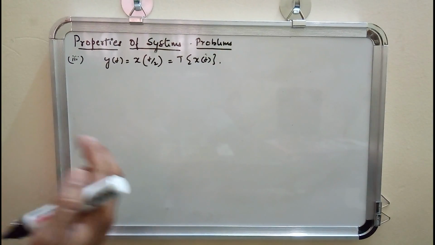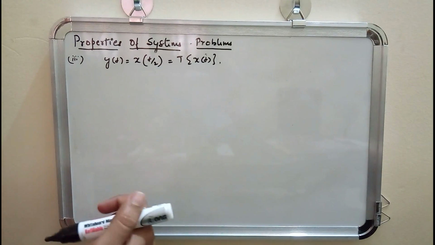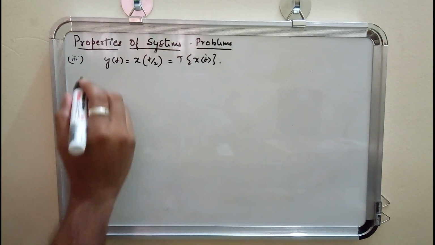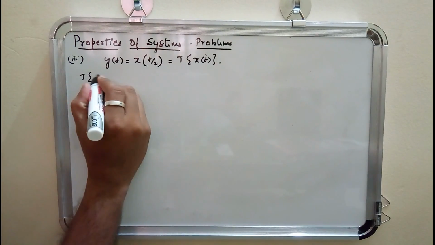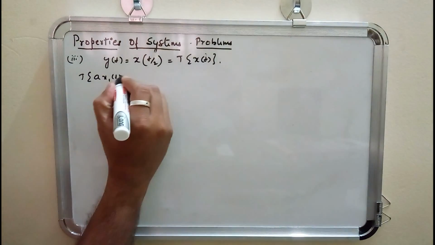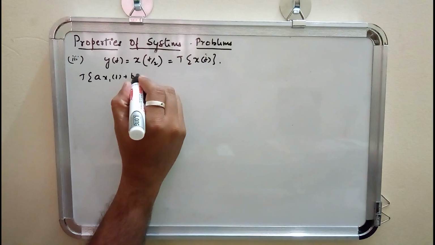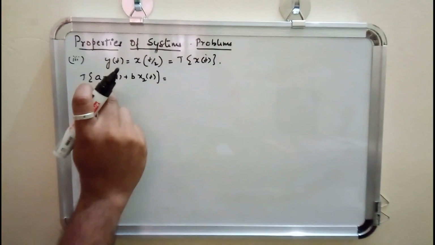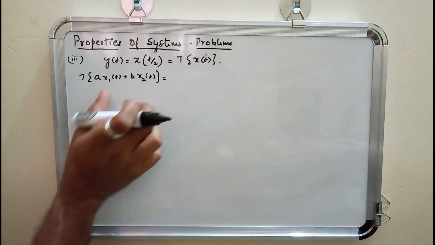Again, we'll go through a set of properties. The first one is the linearity property. According to the linearity property, if the input is a weighted sum of two or more signals, a x1 of t plus b x2 of t, I need to replace x of t by my weighted sum.